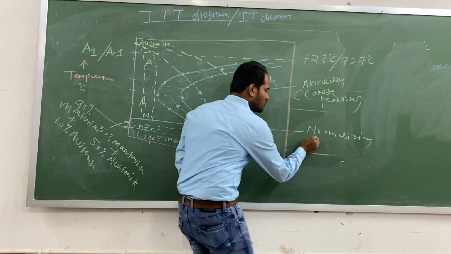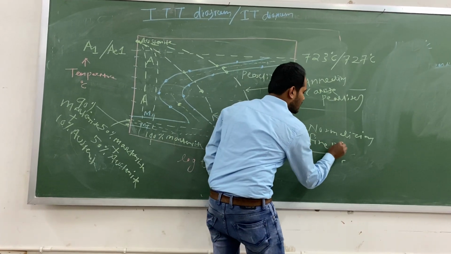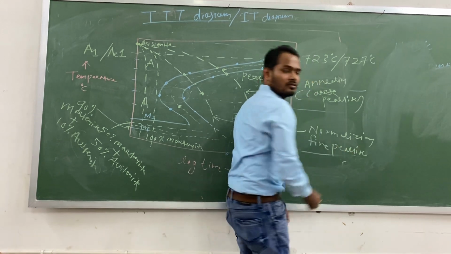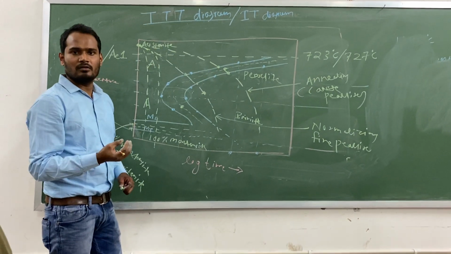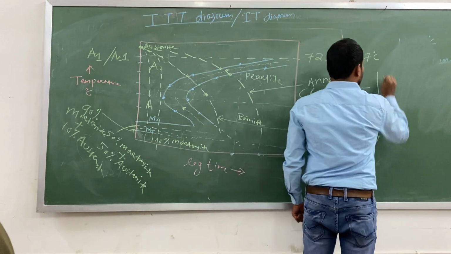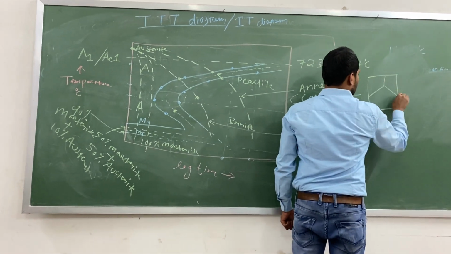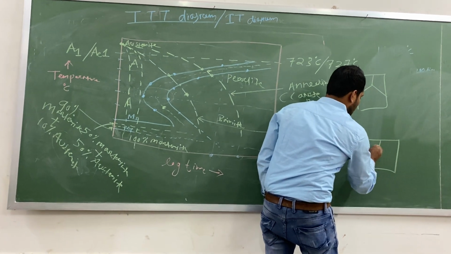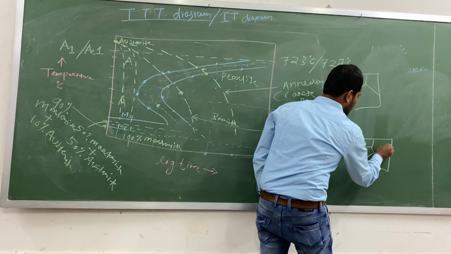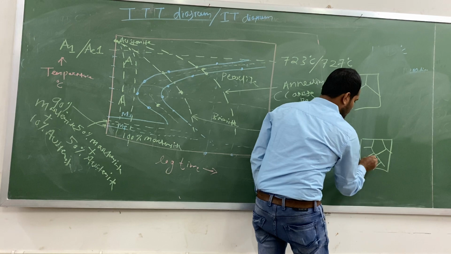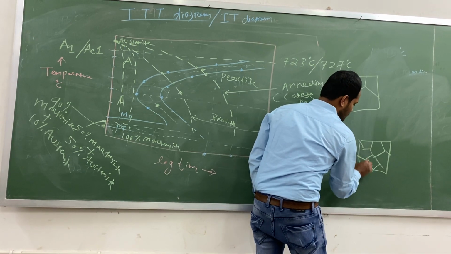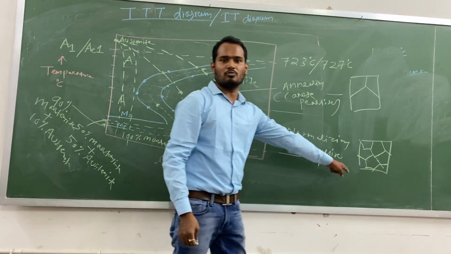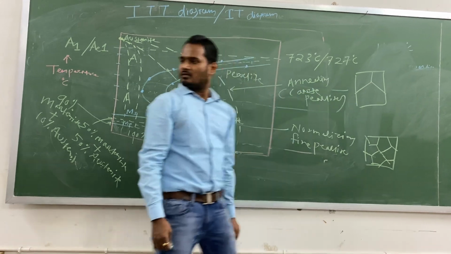It is okay? Grain size will be smaller. Suppose this is the situation. These are the big grains. You will get many small grains here. Understood? So these are very big grains.